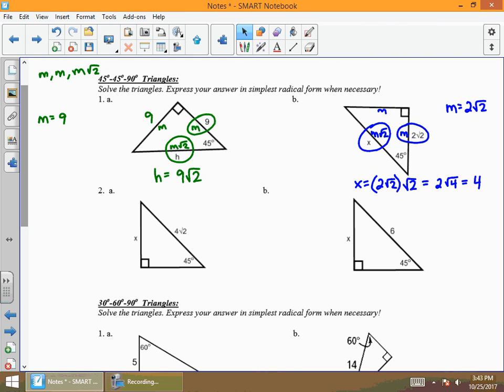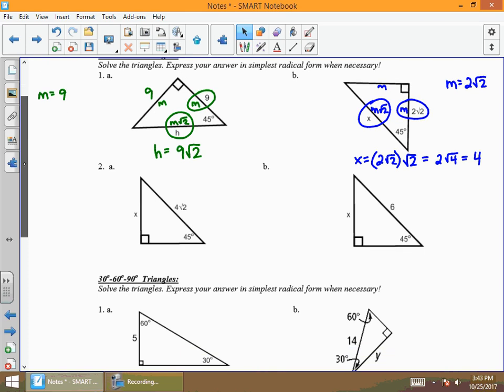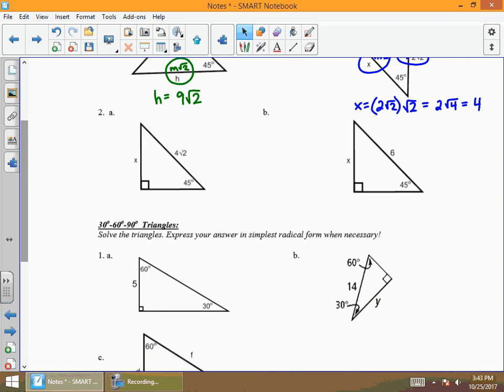As I look down at example 2, I'm going to do the same thing. I see that it's a 45, 45, 90, so I'll label my legs. These are m, m, and m radical 2. This time, what is it that I know? Well, I know that m radical 2 is equal to 4 radical 2.